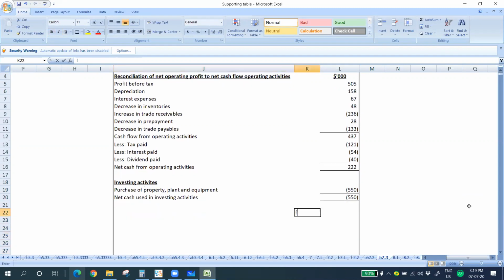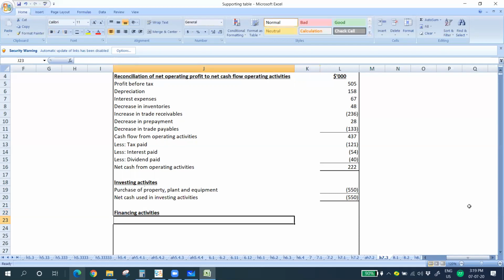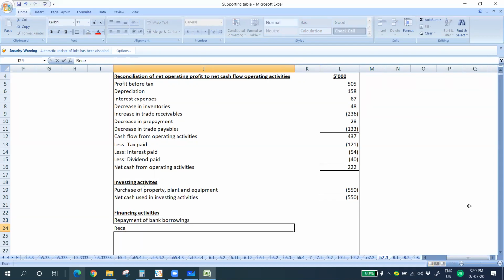After that, financing activities. In your financing activities, you will show repayment of bank borrowings. We will show receipt of new bank borrowings. We also show issuance of share capital.